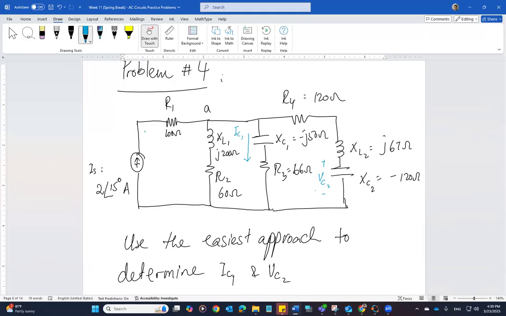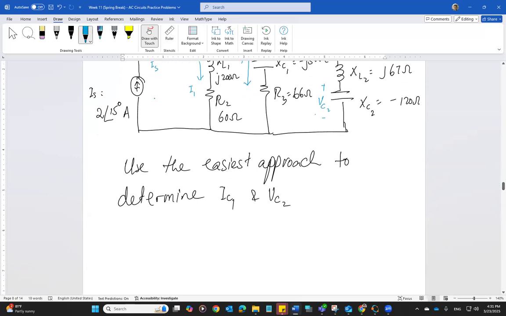So we call this current IS, of course, going towards node A. Let's call this current I1 going away from node A. And then let's call this current IC2 going away from node A. So we can write down KCL at node A. So again, the basic idea is to find the voltage at node A.